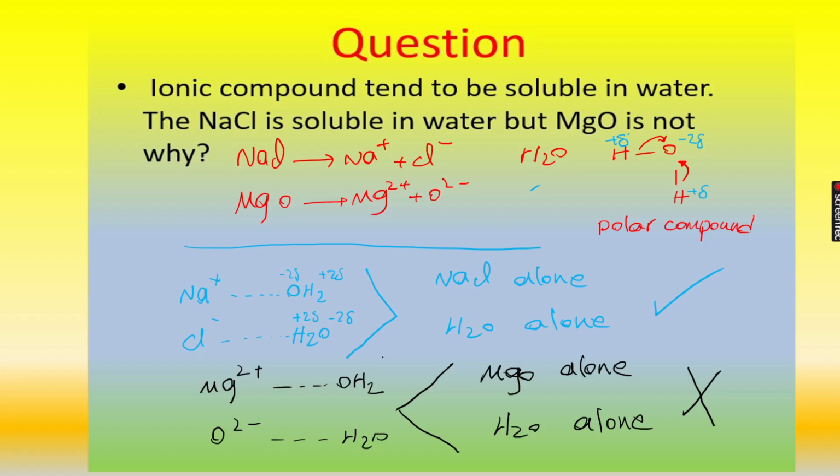But if you ask why a salt is not soluble in water, you have to bring this story: the attraction between the ions and the water is smaller than the attraction between the salt alone and H2O alone.